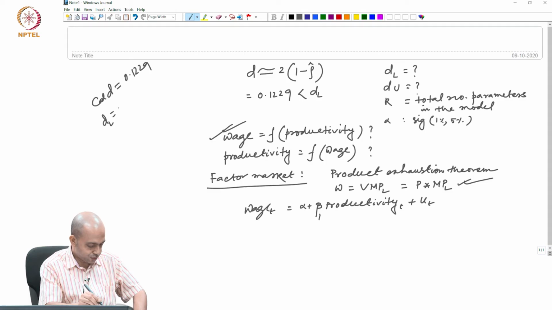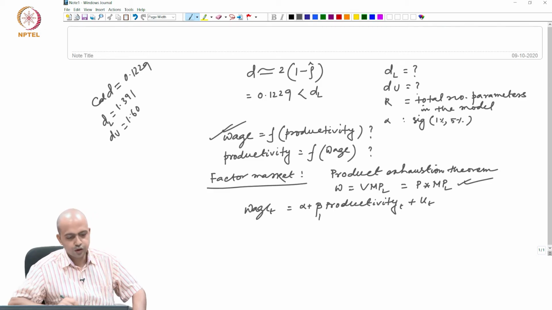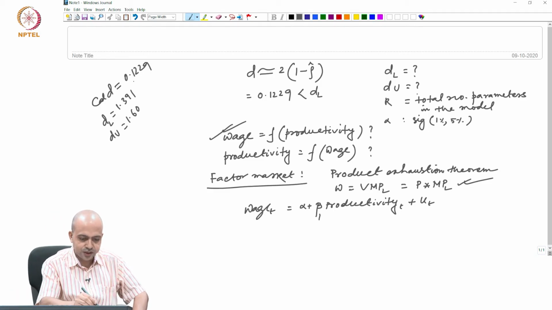DL equals 1.391. And what is DU? DU is 1.60. So that means this D is actually lower than DL.